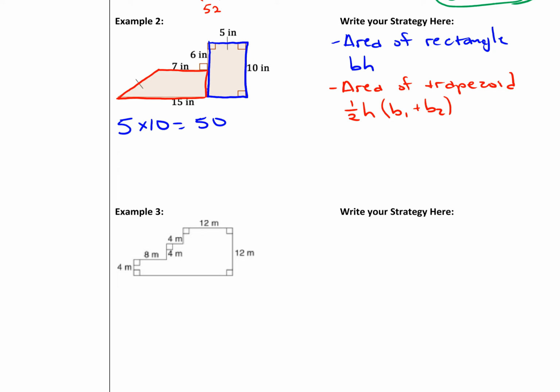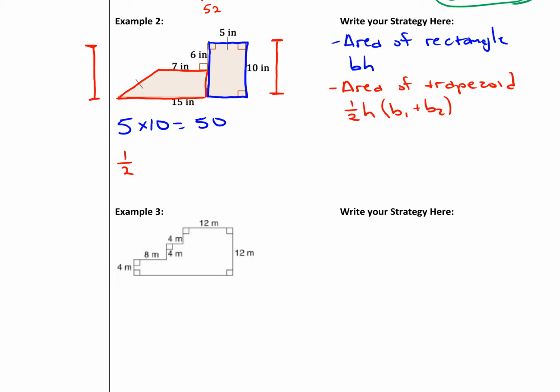Now let's look at the trapezoid. 1/2 the height. Well, let's think about the height here. We have to use some indirect reasoning here. Let's think for a second. The total height of this figure from down here all the way up here is 10 inches.